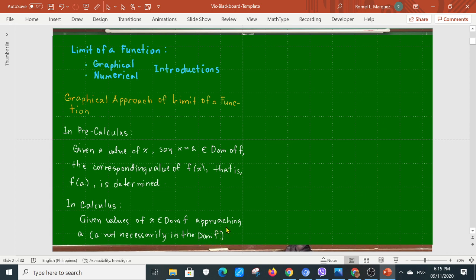Again, a can be in the domain of f, but not required. A can be not in the domain of f. What is important, those numbers that are in the vicinity of x equals a, they are in the domain of f.